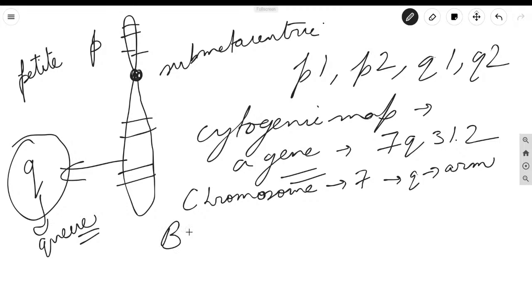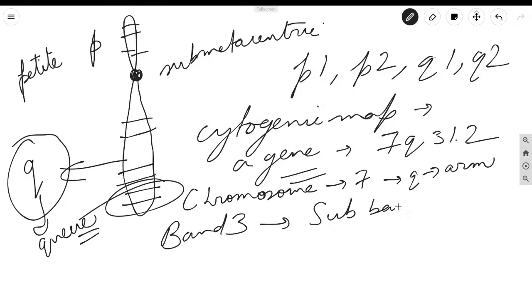Then band 3, the third band. Then sub band 1. Under this also you can have a sub band. Then under that also you can have a sub band, so in 3.1.2 the 2 is the sub band.